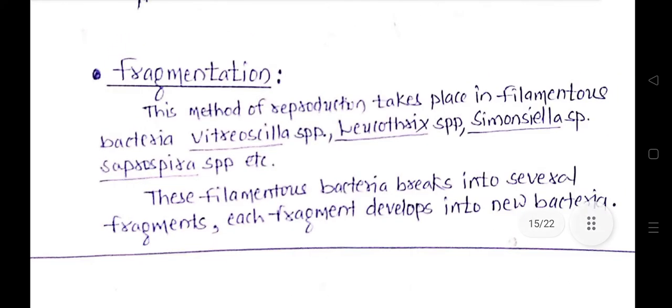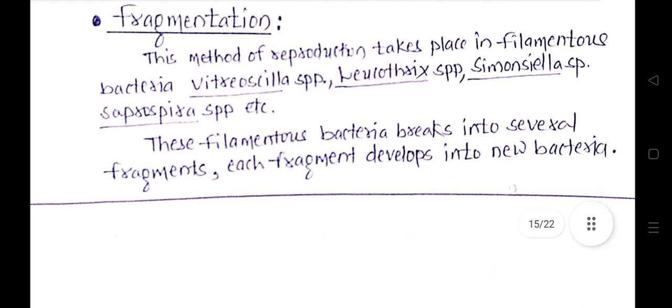In this, the filament of the bacteria breaks into several fragments, and each fragment now works as a new bacterium. This method of reproduction takes place in filamentous bacteria like Vitreoscilla species, Leucothrix species, Simonsiella species, and Saprospira species.